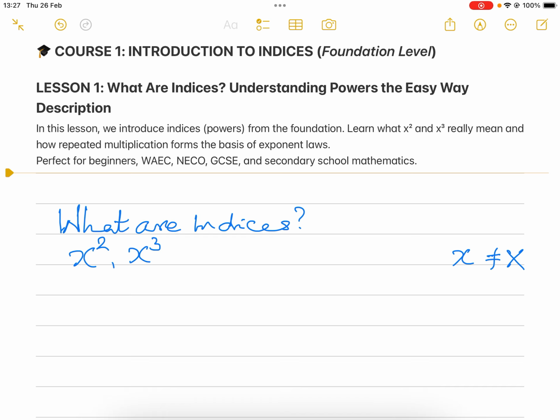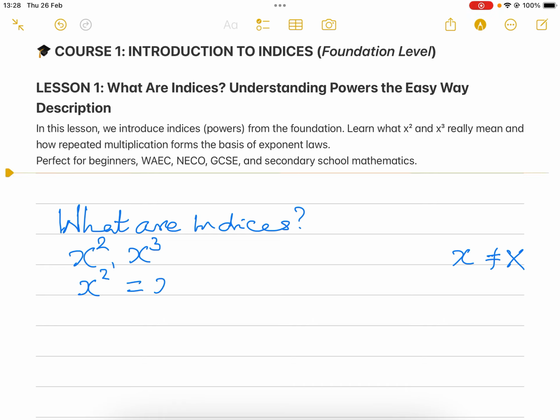So when you have x raised to power 2 or x raised to power 3, what does it really mean? Any time you see this, remember that an index tells us how many times a number multiplies itself.